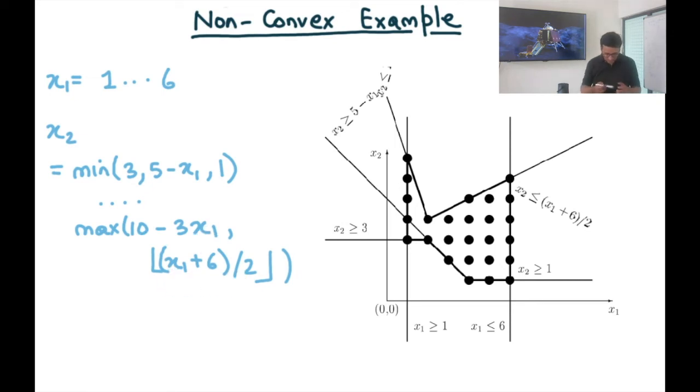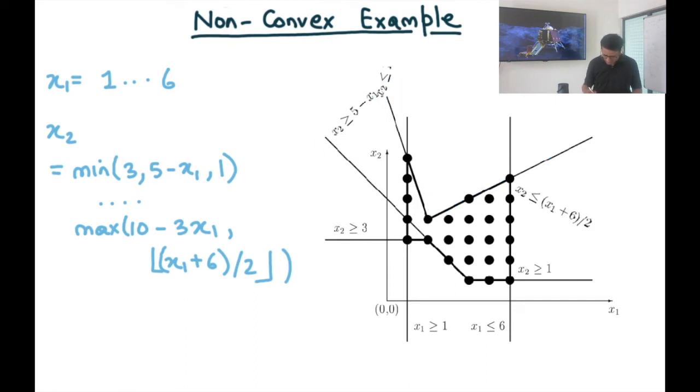I'm not going to show how I'm drawing this picture, but just take it from me that if I was to draw the iteration space for all possible integer values of x1 and x2 that satisfy these constraints, I'm going to get a figure something like this, right?